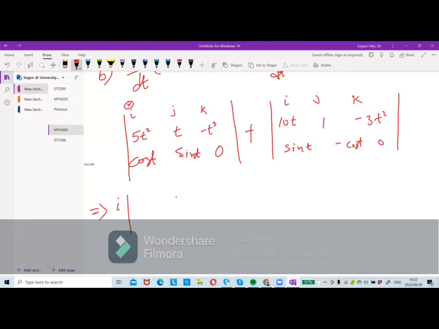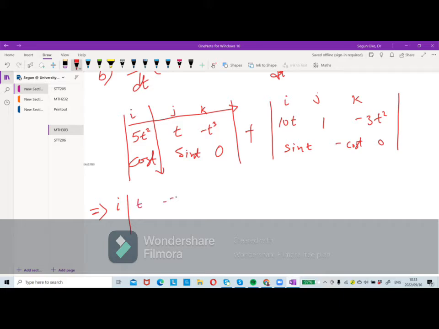The first row and the first column are cancelled. So you will remain with what? Please, if it's not clear to you, let me know, because I will only take my time on this, because the rest will not be that difficult. This particular column will be cancelled, this row will also be cancelled.